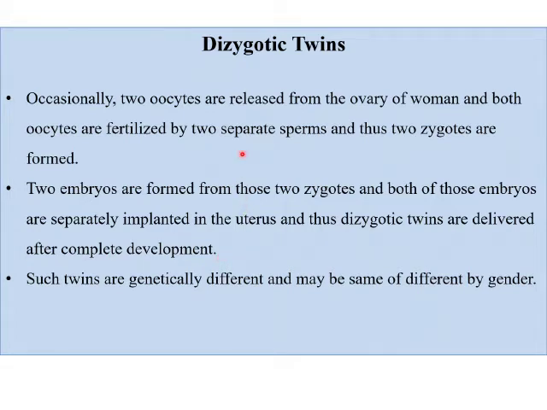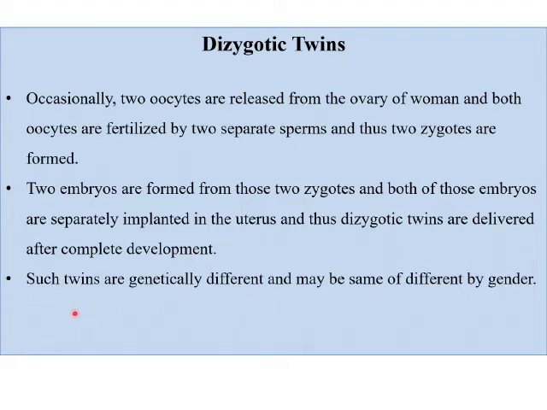Since two eggs are fertilized by two different sperms, two zygotes are formed which undergo repeated mitotic divisions, and two separate embryos are implanted in the uterus, resulting in the formation of dizygotic twins.